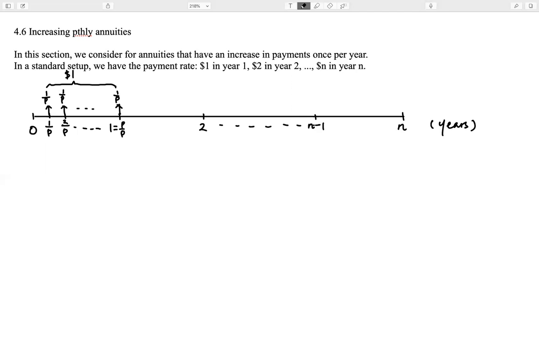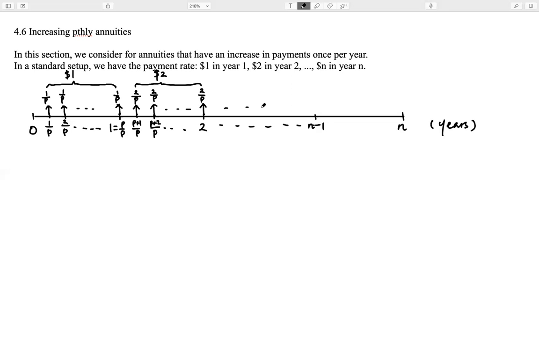So then we analyze the same thing. So here would be P plus 1 over P, P plus 2 over P, etc. goes all the way to 2P over P. That's 2. But in the second year, the payment becomes 2 over P, right? So previously it was 1 over P. That means in the second year, the payment rate would be 2.